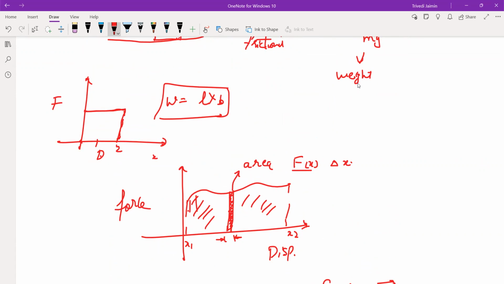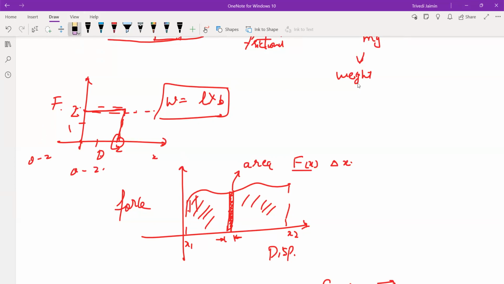Upside, force is varying from 0 to 2. So the y-axis varies from 0 to 2. Right? Force varies from 0 to 2. That is our limit. Now 0 and 2 is the limit for displacement, and 0 and 2 is the limit for force.